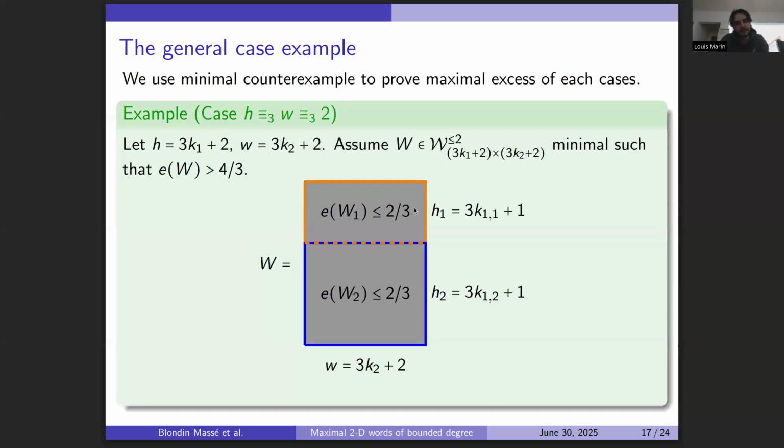So now we have that W has excess strictly greater than 4/3, but is a concatenation of two factors that have excess at most 2/3, which just arithmetically does not add up. So this is one of the cases that is actually not too hard.